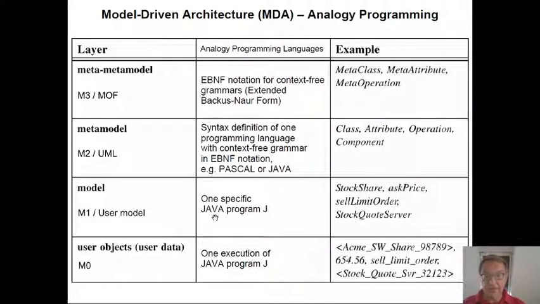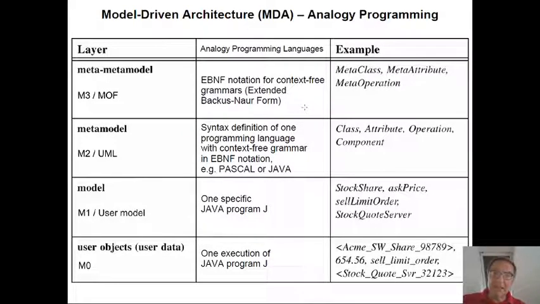Then for Java, there will be a context-free grammar which describes the programming language Java, but there are also context-free grammars not only for Java but for other programming languages, for example Pascal. So there are a lot of context-free grammars here, and there is, so to speak, a standard way of writing context-free grammars, and this is called EBNF, Extended Backus-Naur Form.